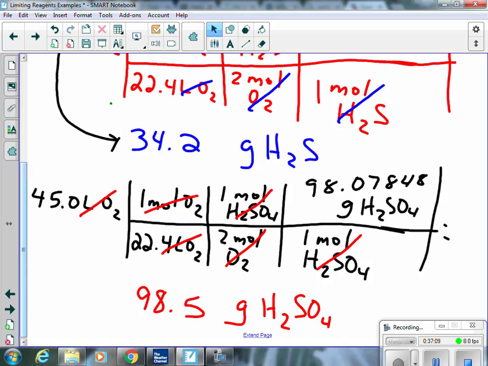Now, what I would like for you to do, folks, is active this morning was 7.3, stoichiometry, excess limiting reagent. So look at some of those on WebAssign.